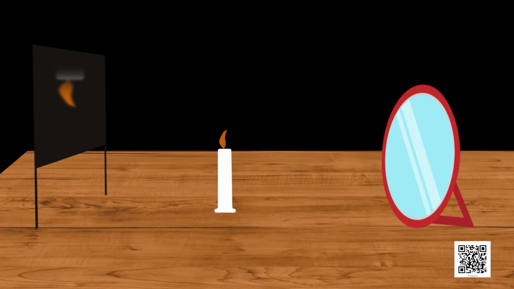Yes, you will see that the image formed here is inverted and larger than the object. So dear children, we find that the image formed by a concave mirror is inverted and larger than the object. And as you have seen, we can obtain the image on the screen. That is why this is a real image.